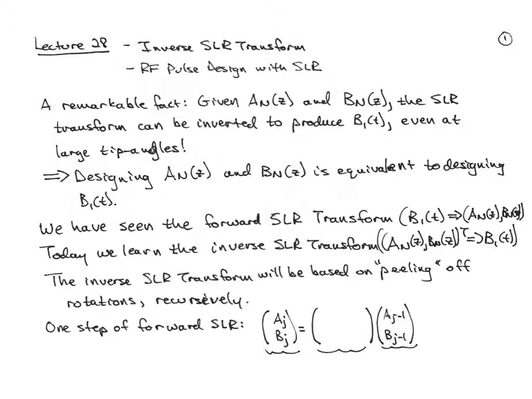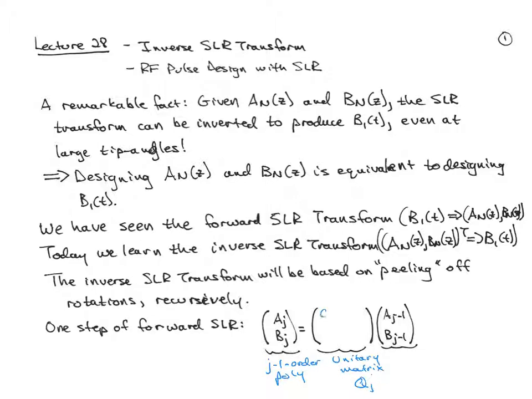So one step in this peeling off operation, one step of the forward SLR transform, is that the j minus first order polynomials a sub j and b sub j are equal to a unitary rotation matrix q sub j corresponding to the rotation at time point j.